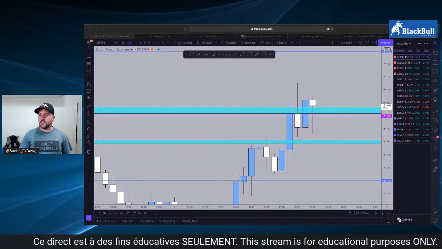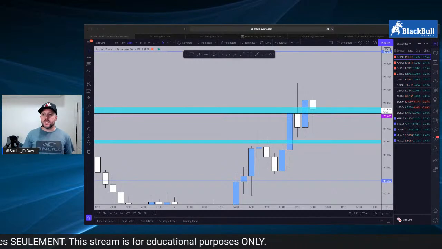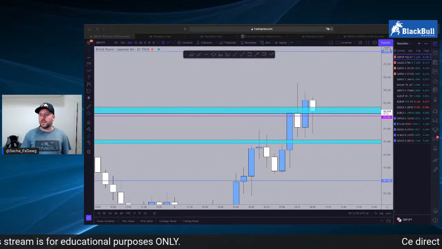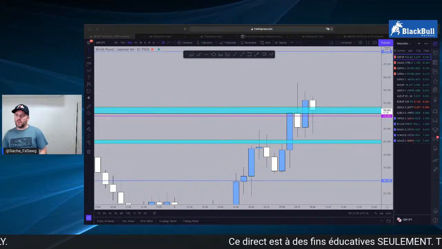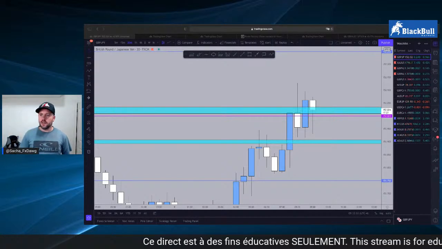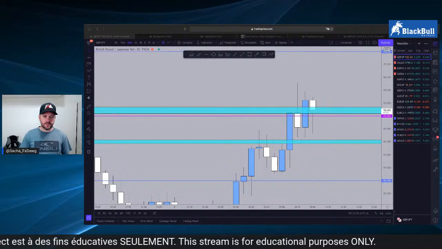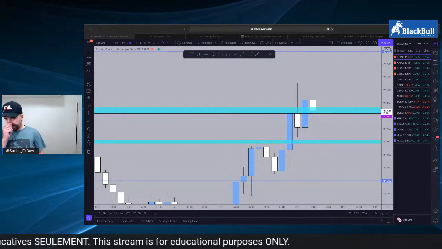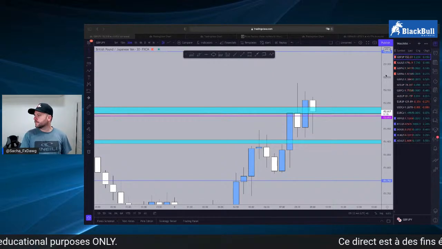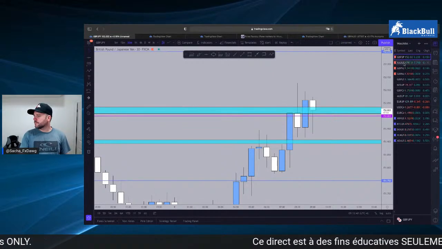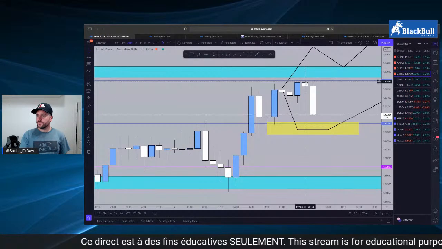On my end, the plan was only looking at buys above 152, and if we had nice resistance form at 152, to short it. So I executed my first trade idea, ending up at minus 12 pips, and now I'm looking for plan B. There we go.